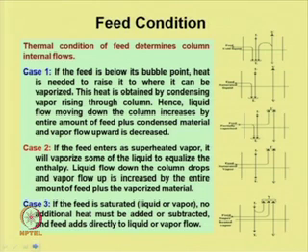Now, as we said, the feed may be multiple feed or single feed, but the feed has different conditions. So, the thermal condition of the feed determines the column internal flow. Suppose this is the feed tray. We will consider different cases. Case 1, where the feed is below its bubble point.